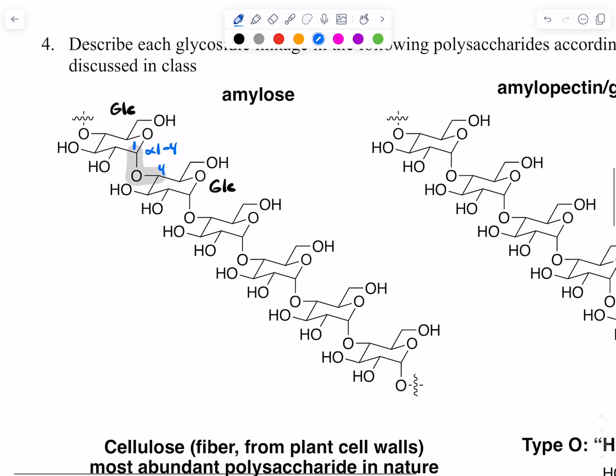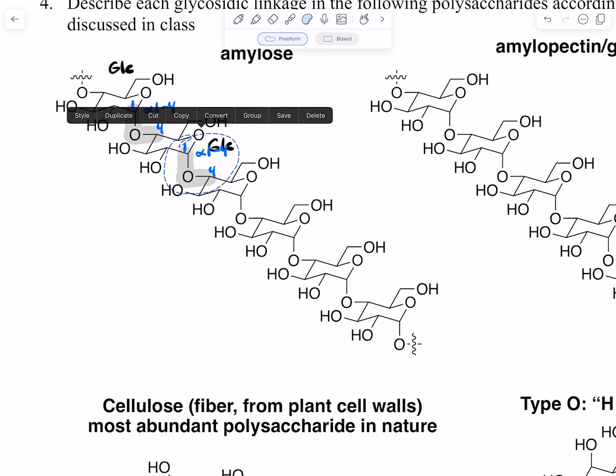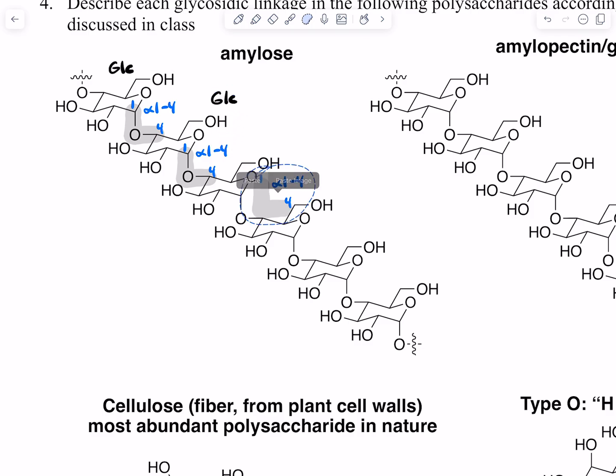And how about this one? Also? And that one, and that one, and that one. So in amylose, which is a simple form of starch, the linkages are all the same. Why would it make sense for nature to do that?